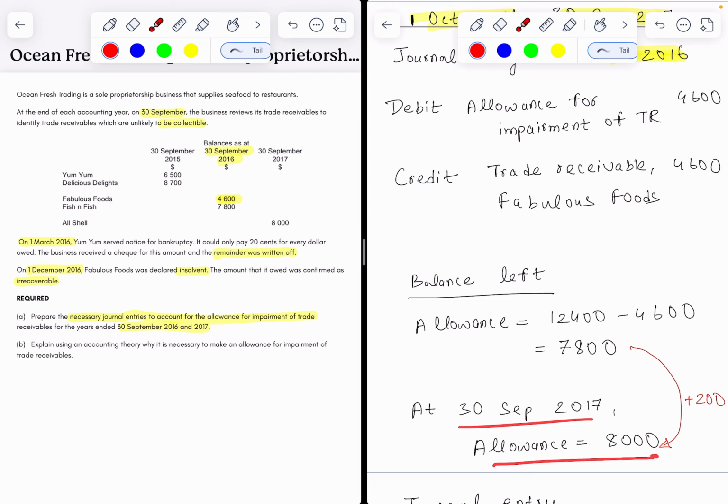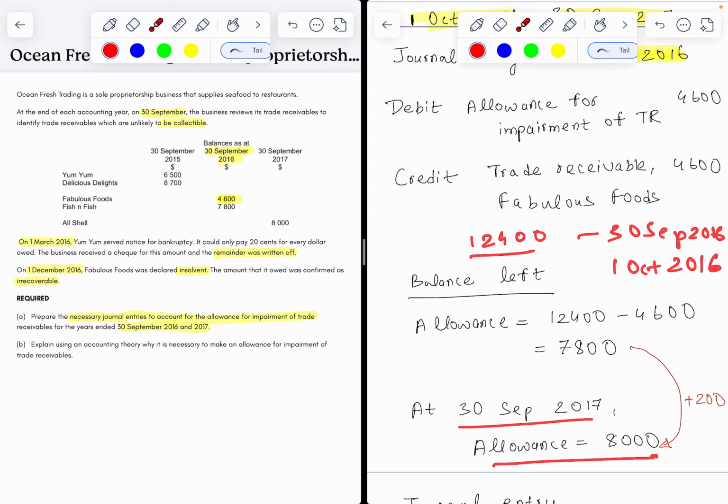Now, after Fabulous Foods have confirmed that they won't be able to pay anymore, what was the balance left in the allowance for impairment of trade receivables? We started the period with a balance of $12,400, if you recall, from the end of 30 September 2016, which got carried forward as the opening balance on 1 October 2016 in the new financial year.